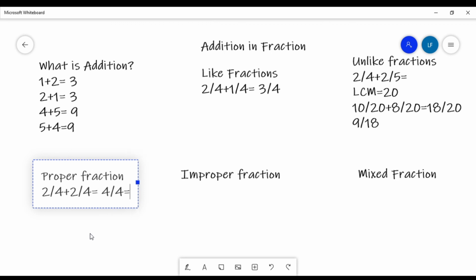There's another rule which states that any number by the same number, so x by x, will equal 1. So 4 by 4 equals 1. There's also another rule which states that x by 1 will equal x, and also x equals x by 1.